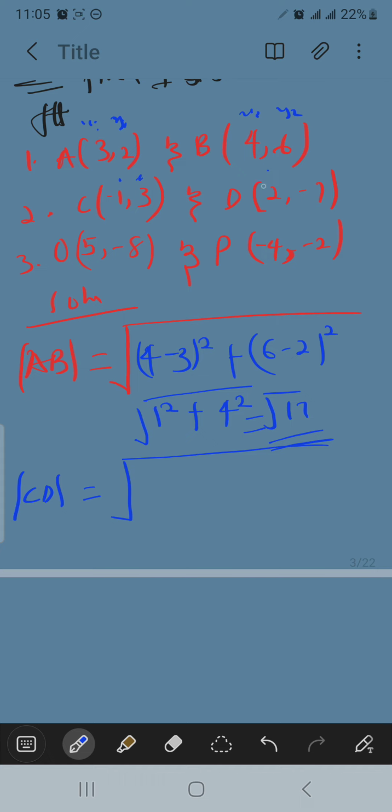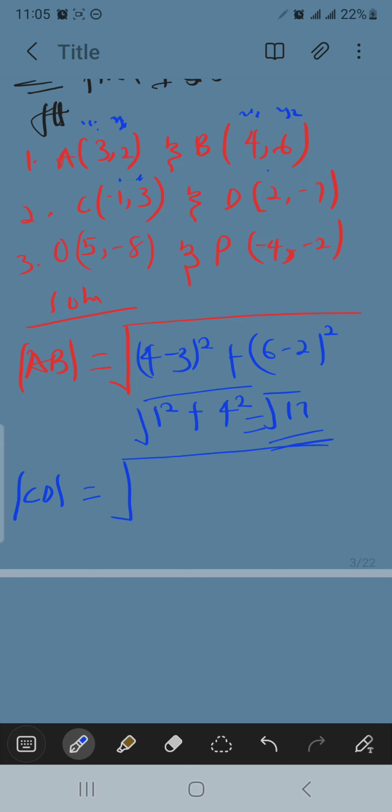You can even say x2 y2 and x1 y1. Just pick it, but the coordinate must be x, y. That's all I want to tell you. It doesn't matter however you pick it. What matters is x, y, x, y. You must not pick x, x, and you must not pick y, y.